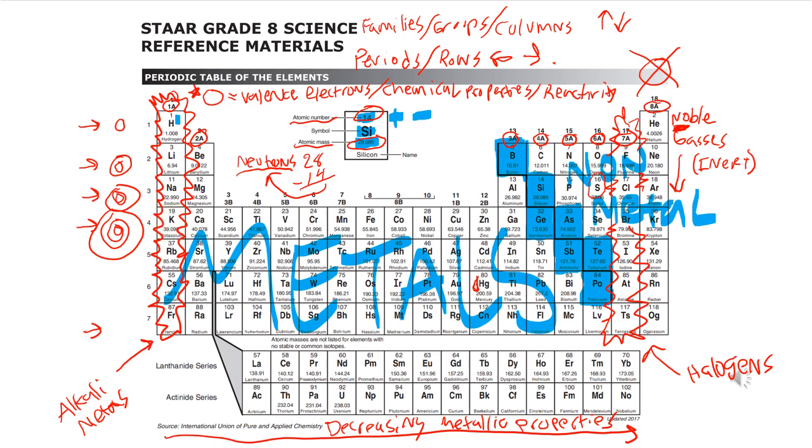Let me get another color. I'll use red. So which of these is the most chemically stable? In other words, the least likely to react, the most chill, the most independent. So let's go calcium.